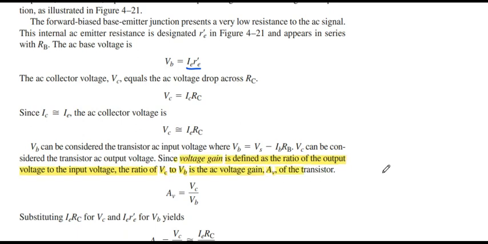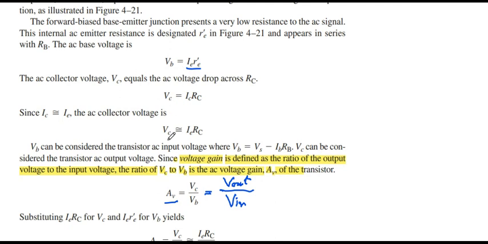Okay, so VC can be considered the transistor's output voltage. AV is the voltage gain, which is equal to V output divided by V in. So the V output is VC and V in is VB.